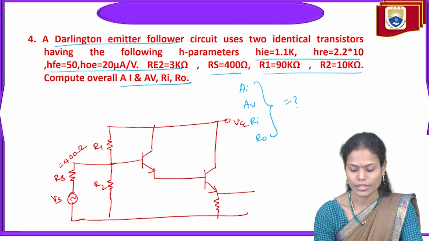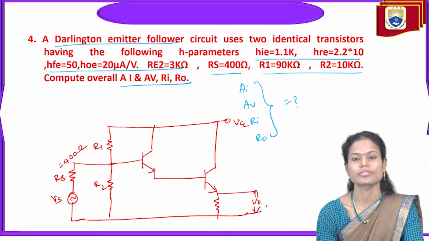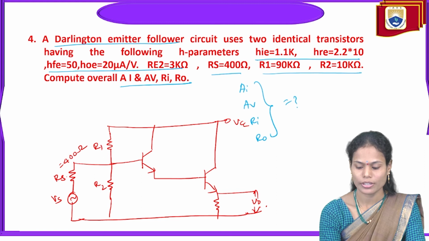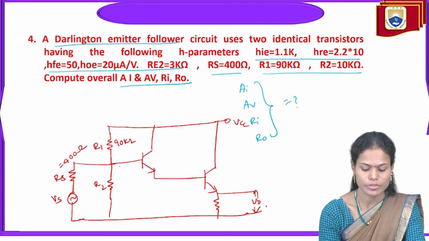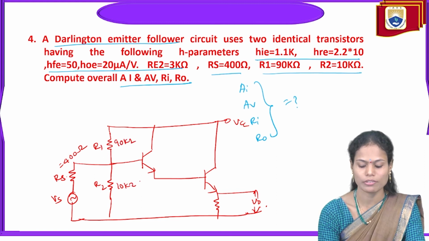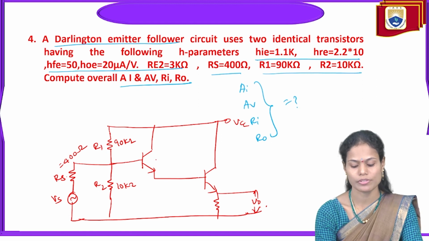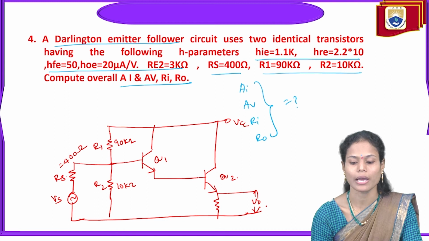The output voltage we measure across the second stage. Here R1 is 90 kilo ohms and R2 is 10 kilo ohms, given in the problem itself. This is the first stage, this is the second stage, this is the Darlington amplifier.